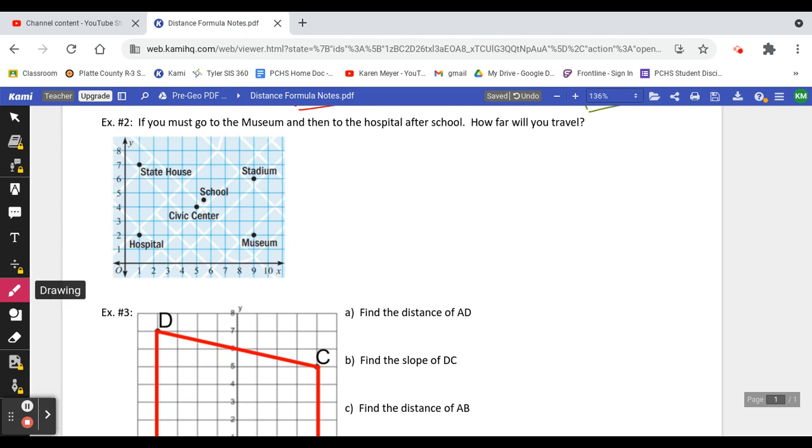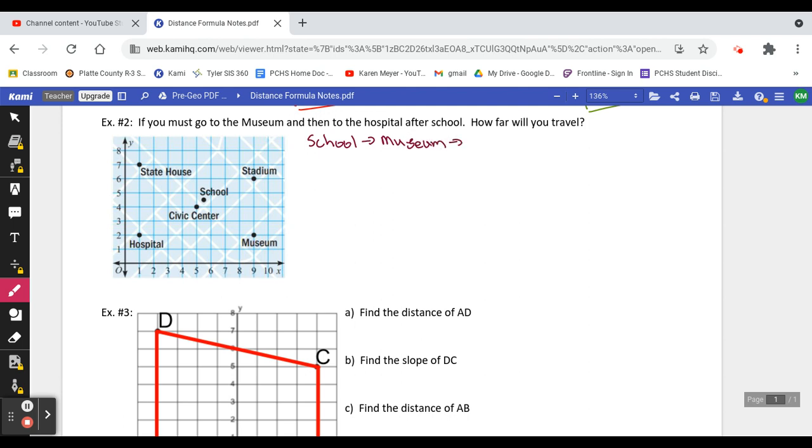Okay, example number 2. It says, you must go to the museum and then to the hospital after school. And I want to know, how far will you travel all together? So remember, I'm starting at the school and I'm going to the museum.